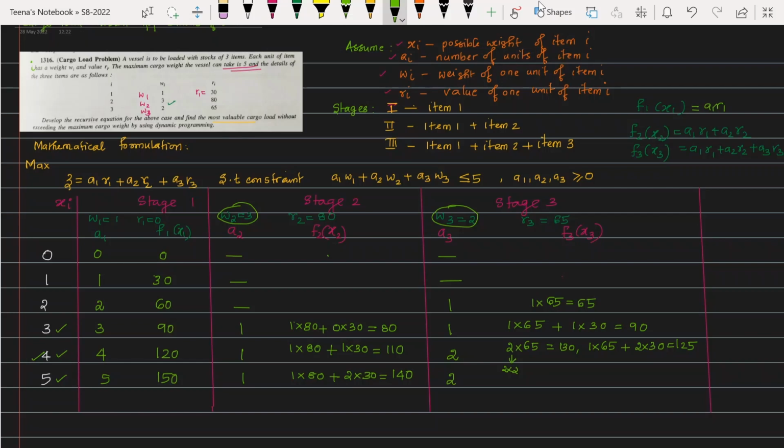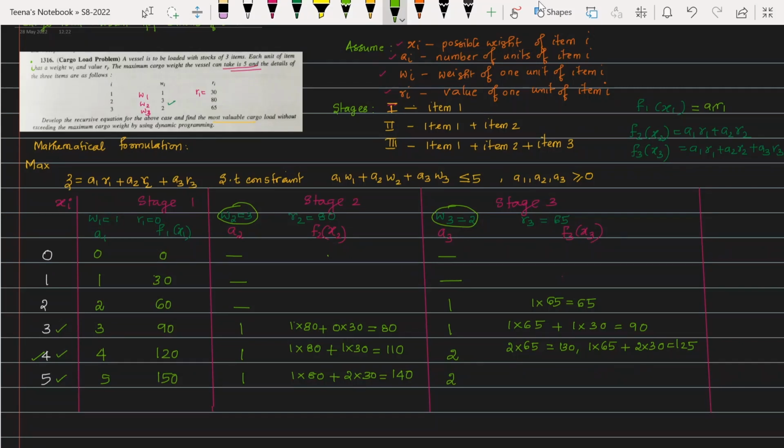Now there is another possibility. You can take 1 unit of item 3, so that will give a weight of 1 into 2, and then 2 more units of weight is required, so that 2 can be taken from the first item. So 2 units of the first item will give you a weight of 2 into 1, and hence the total weight 4. So that is how we consider these two possibilities.